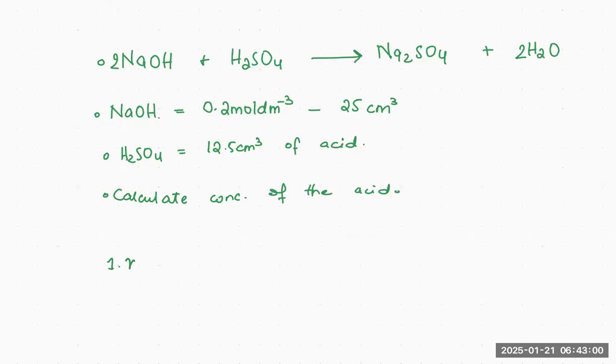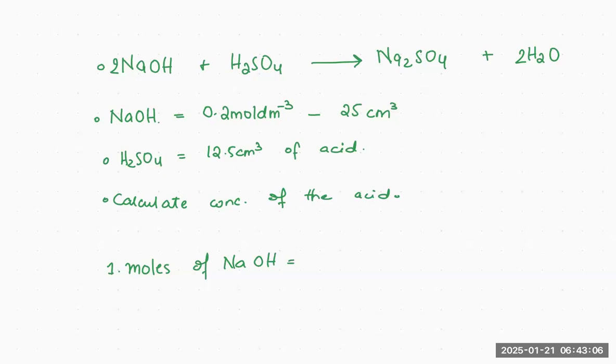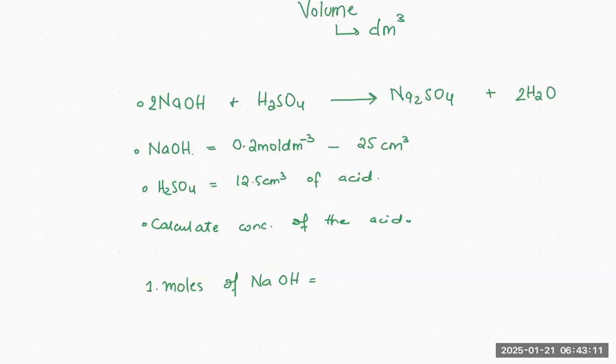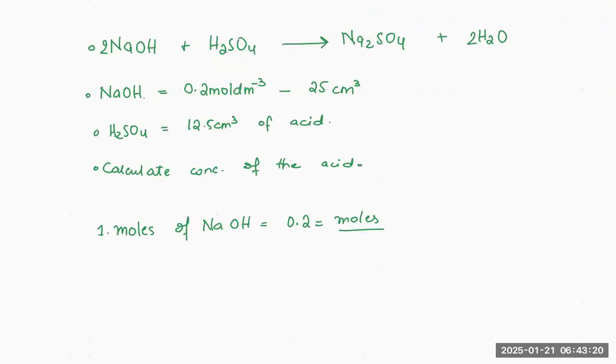What formula am I going to use? I am going to use concentration is moles over volume. Concentration is 0.2. We don't know the moles of sodium hydroxide. The volume is in centimeter cube, so let's convert it into decimeter cube: 25 divided by 1000, multiplied by 0.2.